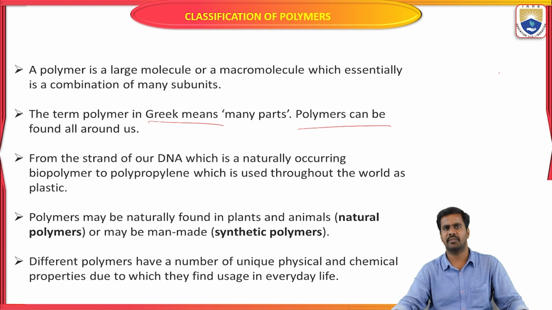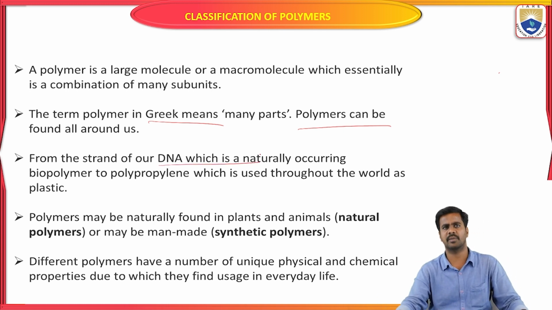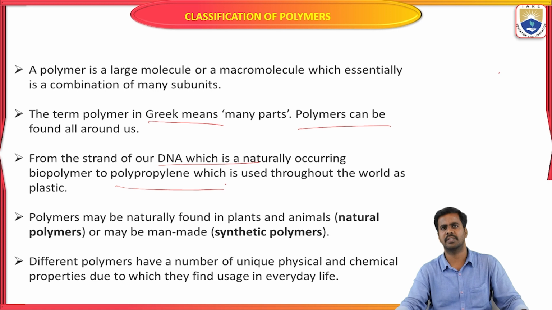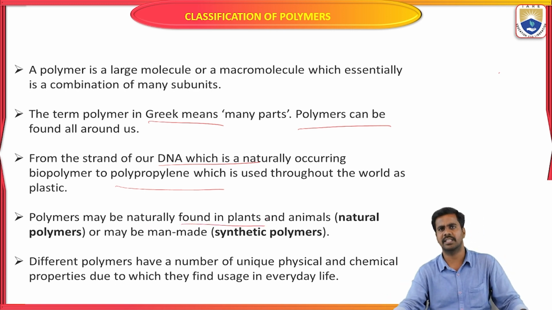From the strands of our DNA, which is a naturally occurring biopolymer, to polypropylene, which is used throughout the world as plastic. Polymers may be naturally found in plants and animals or may be man-made polymers.